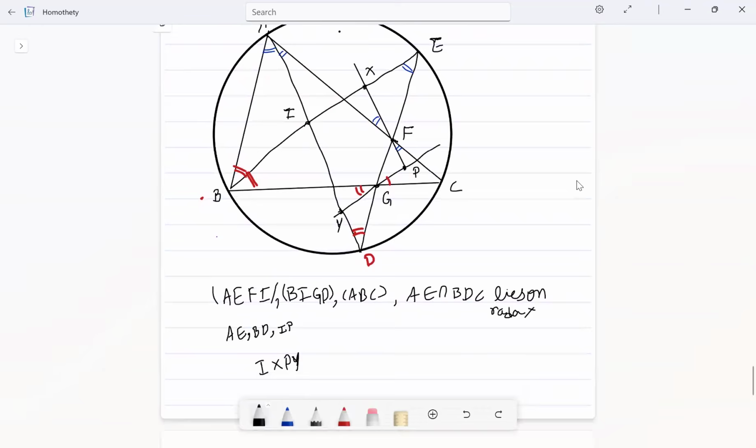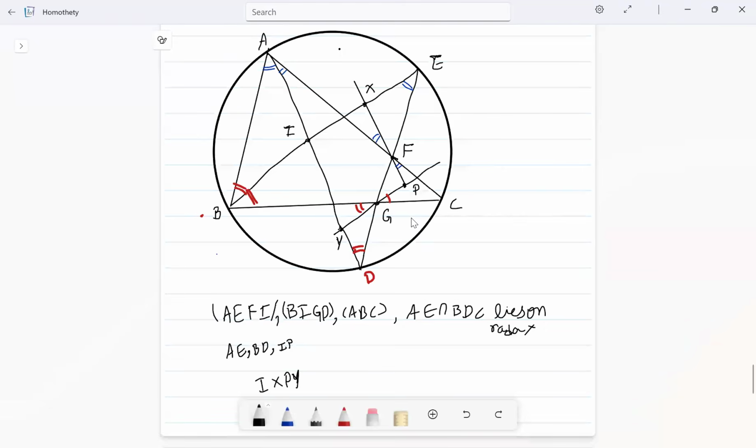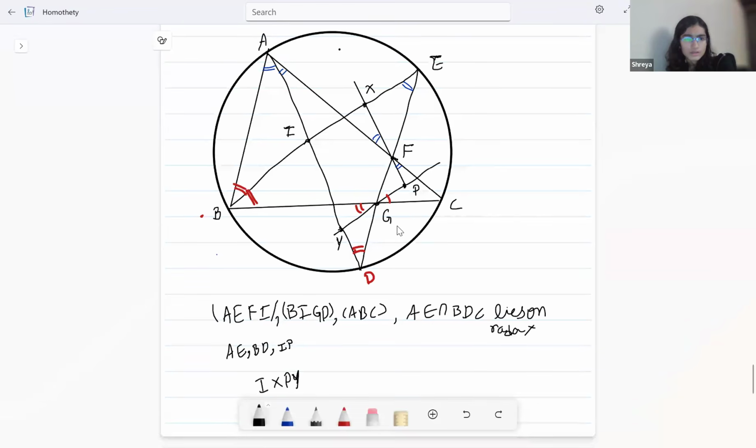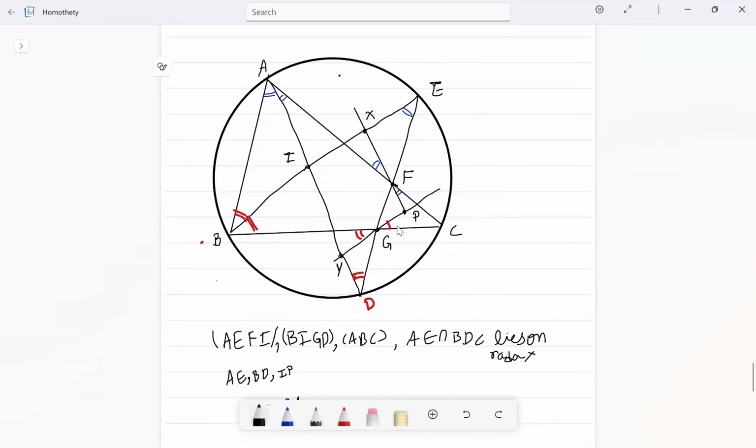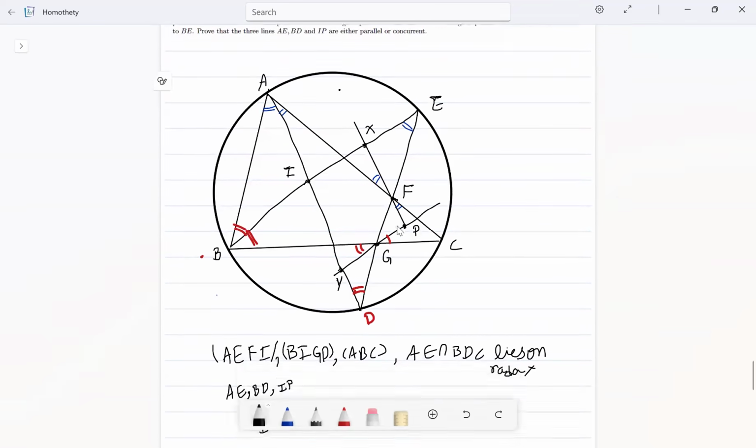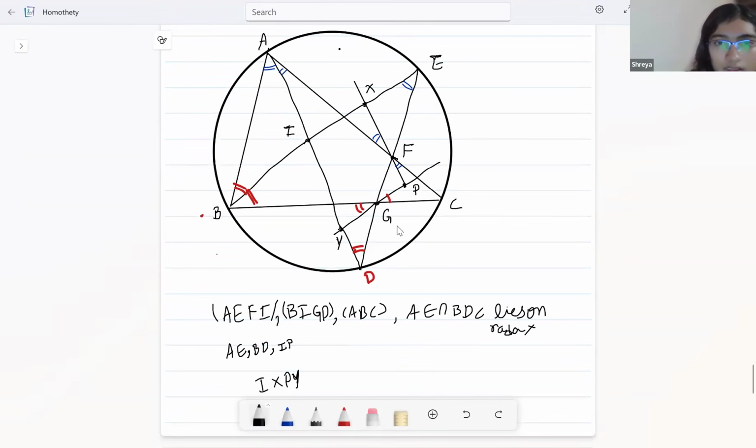How did we reduce the problem down to showing that a point lies on the radical axis? Okay, we look at AEFI, and these are cyclic because of these two angles being equal, and similarly BIGD are cyclic.